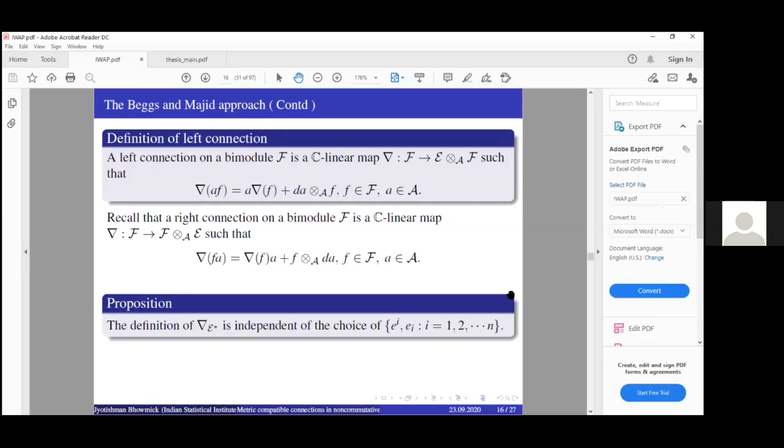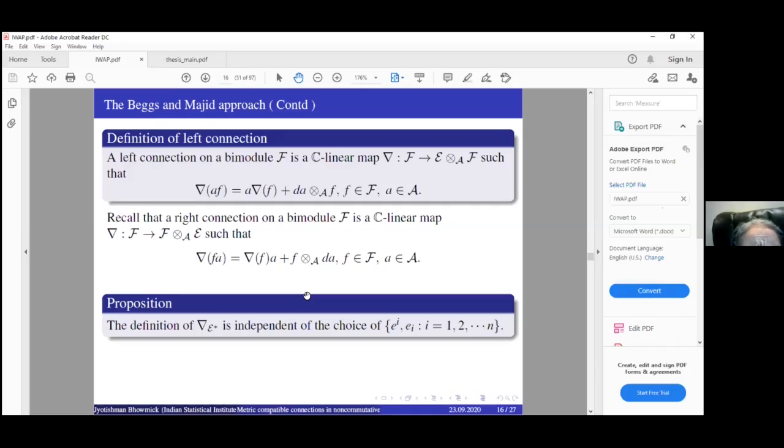All the maps that I talked about are C-linear maps, but my connection is not an A-linear map, because I have this extra term, but my metric is assumed to be only right A-linear.